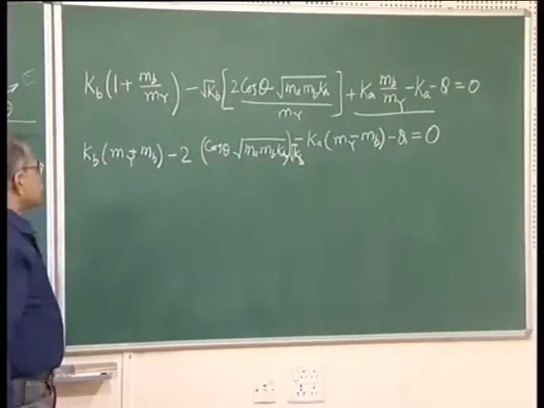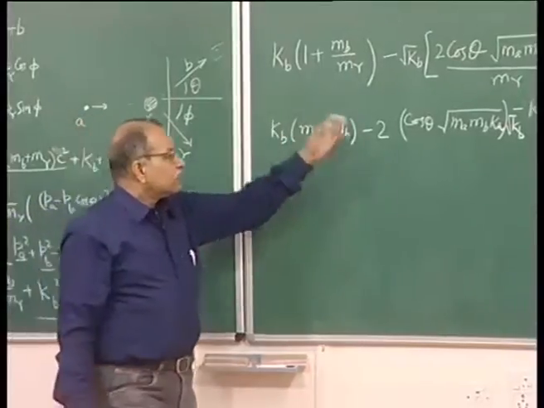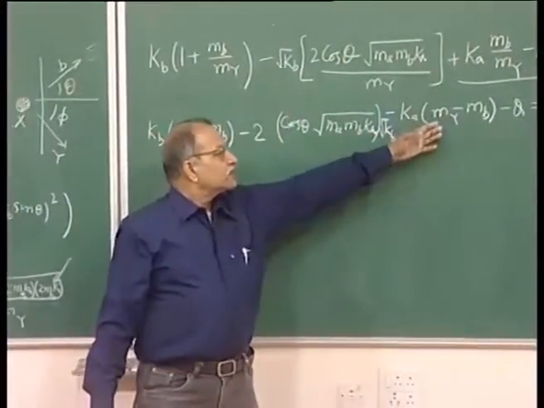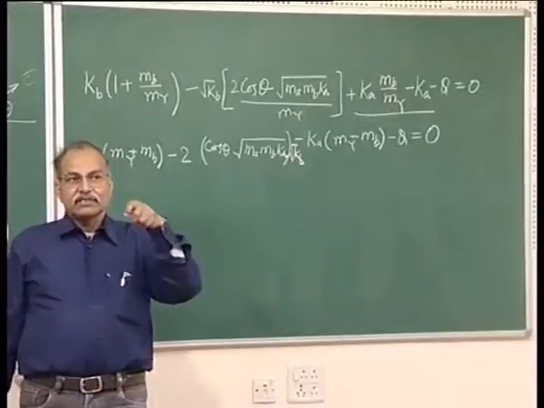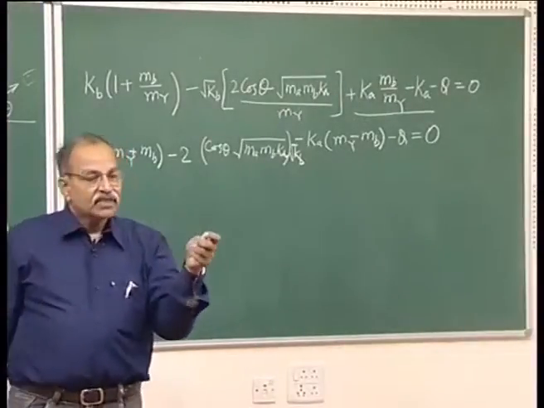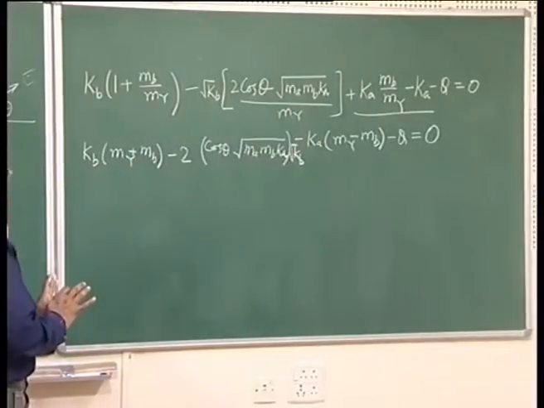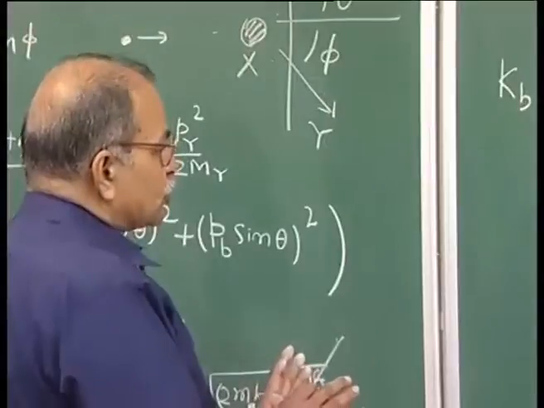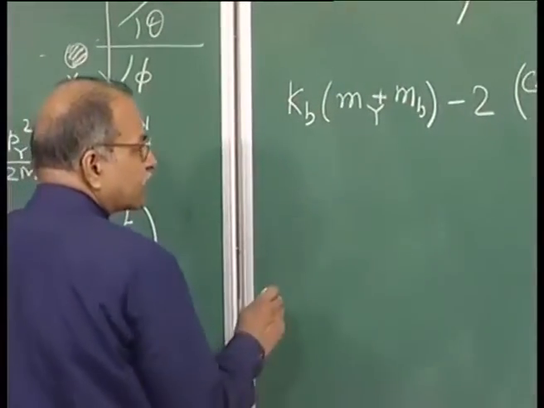This is a quadratic equation in root Kb. This is root Kb square here, and this is root Kb here, and this is the constant term, if I treat it as an equation in square root of Kb. So, from here you can write what this root Kb is and what should be the value of Ka for this reaction to go.